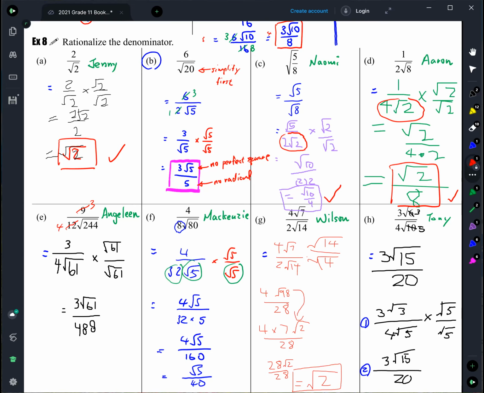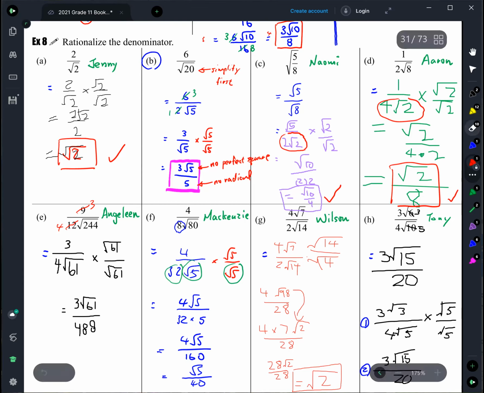And then how did you get the square root 61, Angeline? I didn't write the first part because it was too much to write, but I simplified it because it was like 3 over 4 root 244.